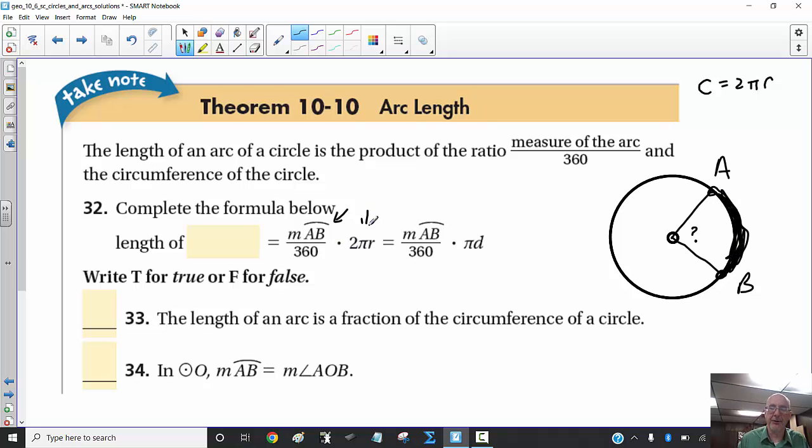So this part here is the circumference. That proportion times the total will give you the actual length of AB.